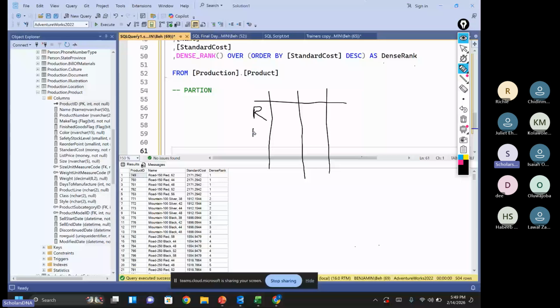Okay. So just imagine we have some vehicles called Benz, Camry, Benz, Camry, Toyota.